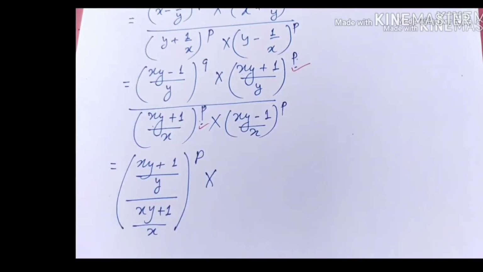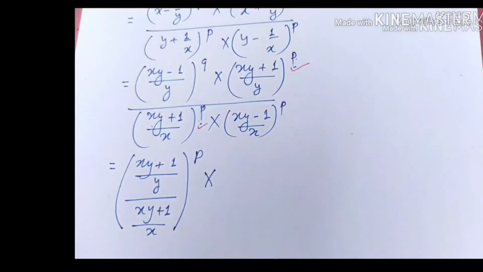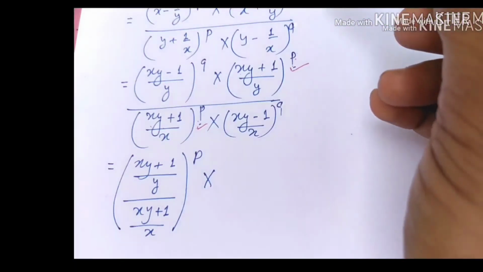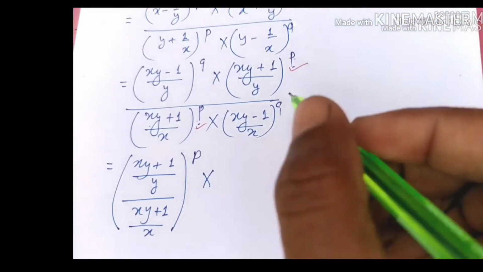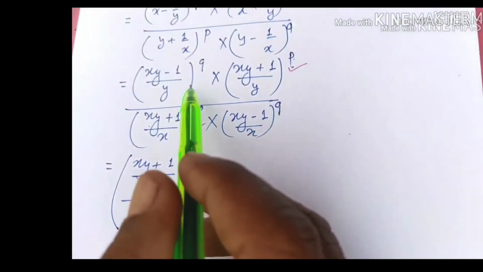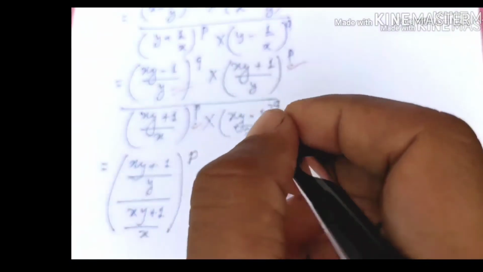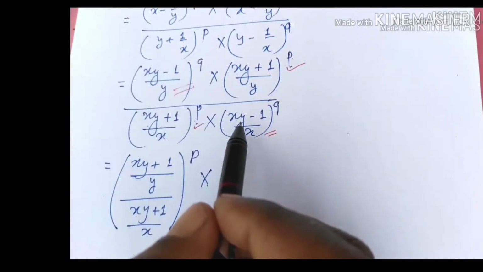Here, pp. And now wait, dear students, now you can see that here was a bit mistake. I had written here p, but it is q, and this also q. And now you can see that this term containing q, here also power q, here is also power q, and in the numerator you can see xy minus 1, in the numerator xy minus 1.